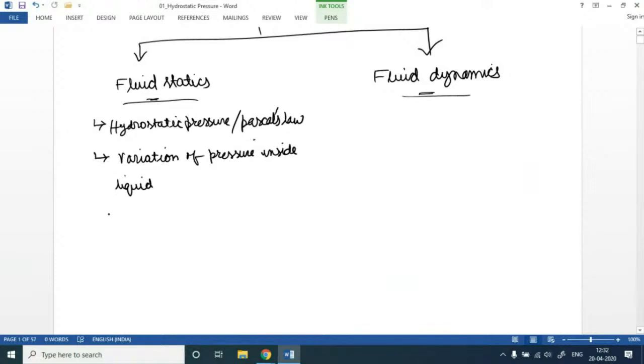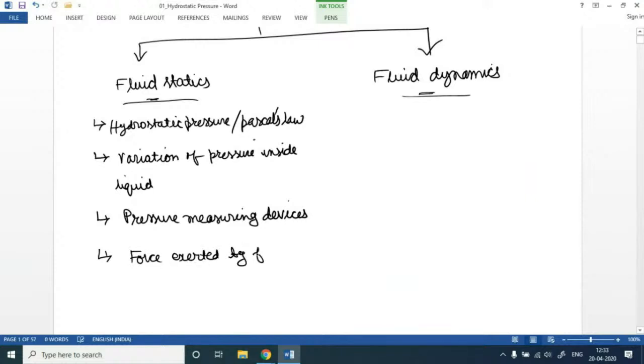And we will be looking at some pressure measuring devices, for example barometer, which is used to measure atmospheric pressure, or manometer, which is used to measure gas pressure inside some container.